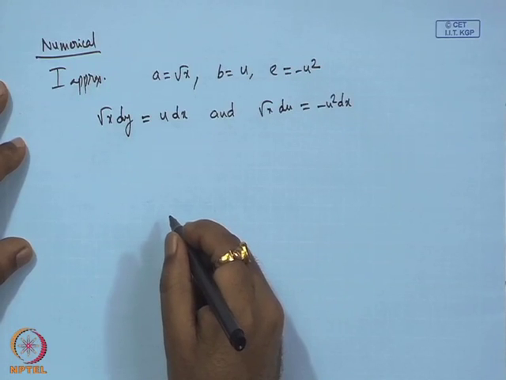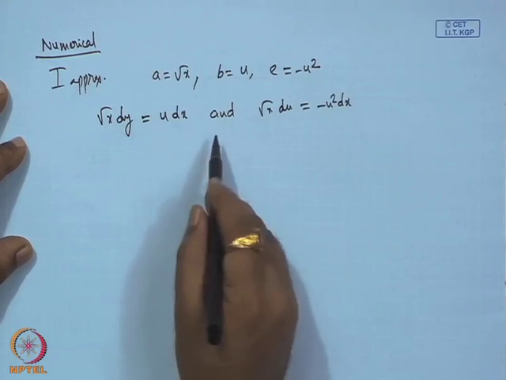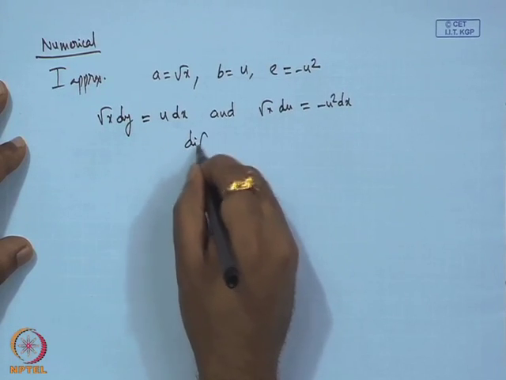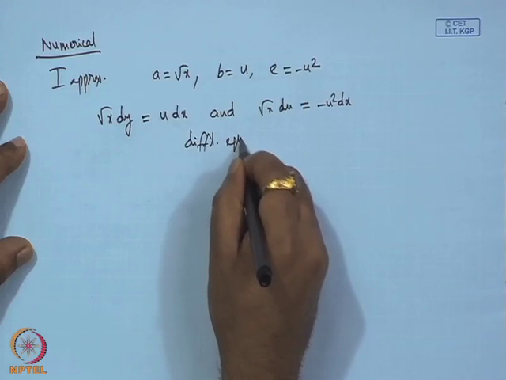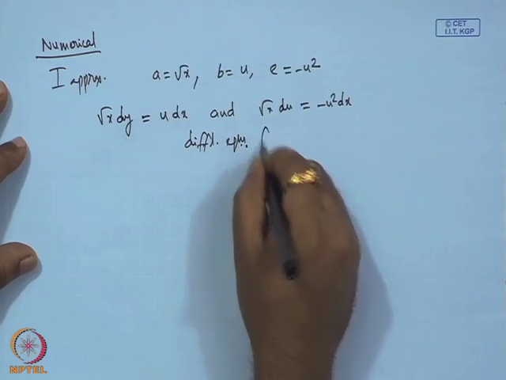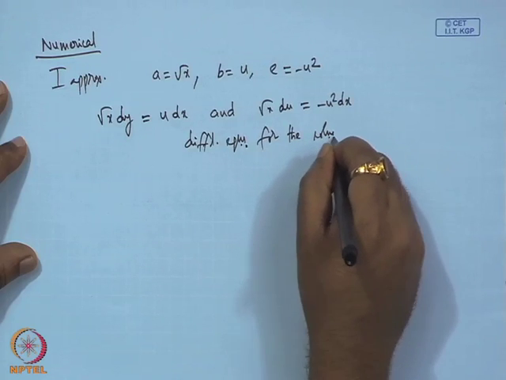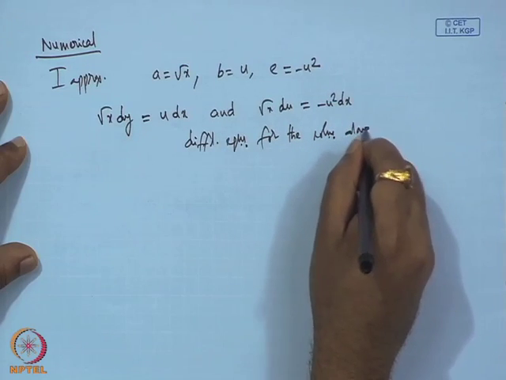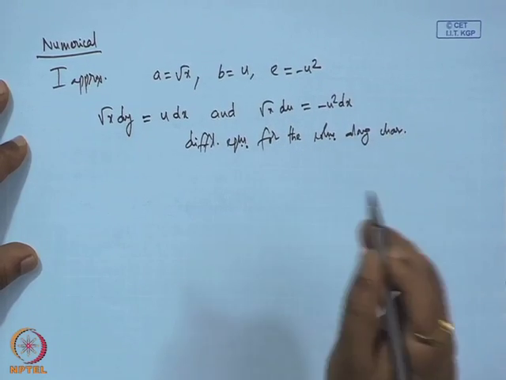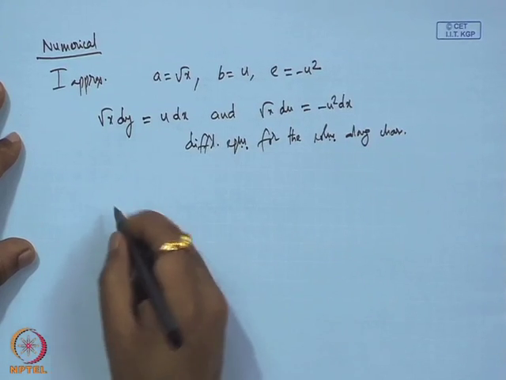So, these are the differential equations for the solutions along the characteristic, I am using short forms.